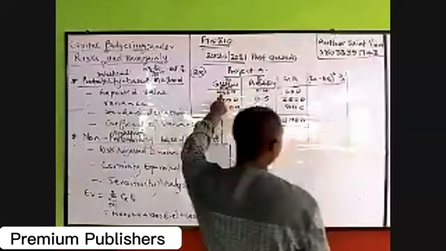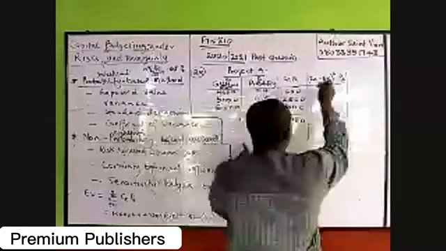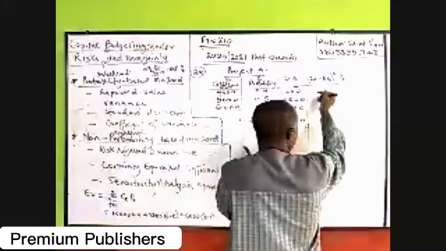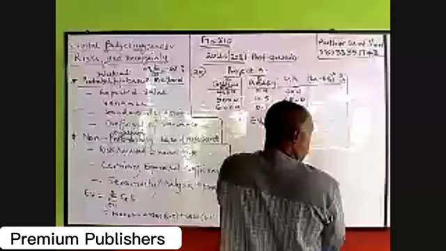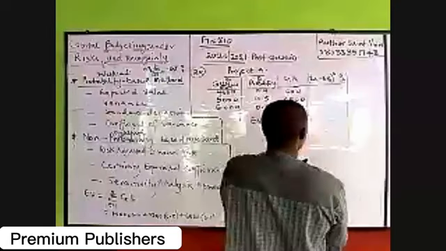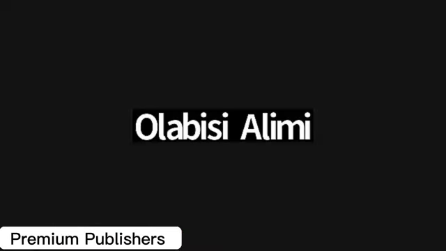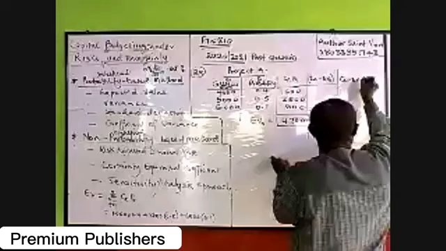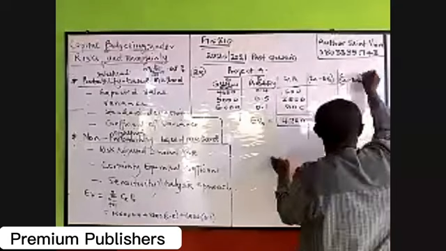4,000 minus 4,700. Let me show them small notes. So C_A minus EV, all raised to power what?